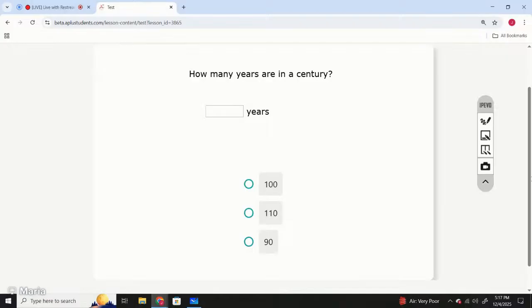How many years in a century? There are 100 years in a century. The correct option is 100.